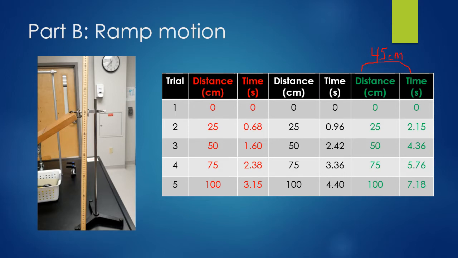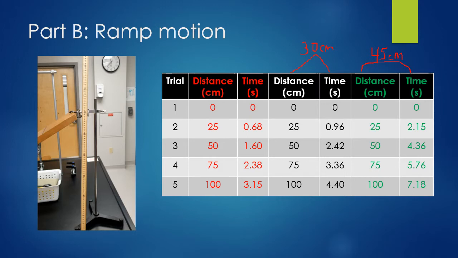Once we collected the data at the 45 centimeter elevation, we took that ring clamp and we lowered it down to 30 centimeters. So this data set in white here, instead of having a 40 centimeter elevation like your lab manual says, we collected the data at a 30 centimeter elevation.